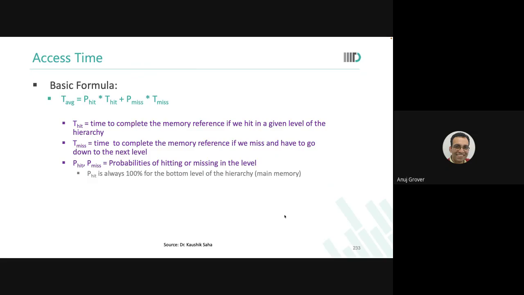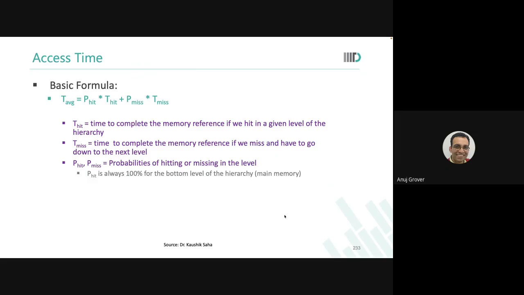Are you getting it? So this is what I will get at the L1 cache. At the L2 cache also, suppose I have placed the request. Now, there was a miss at the L1 cache, so I placed the request at the L2 cache. Again, the same rule will apply. Probability that the data is available in the L2 cache times the time to get that data from the L2 cache to my controller, to my L1 cache.